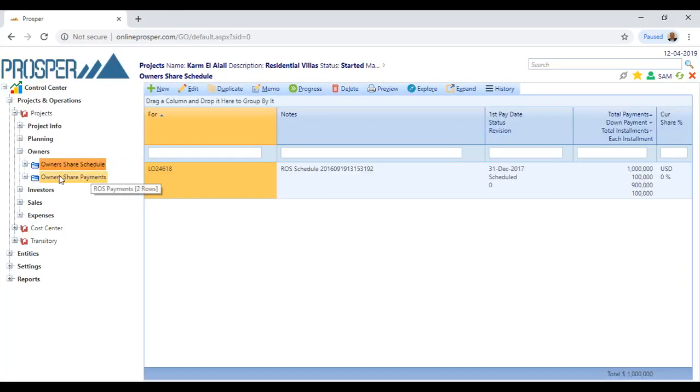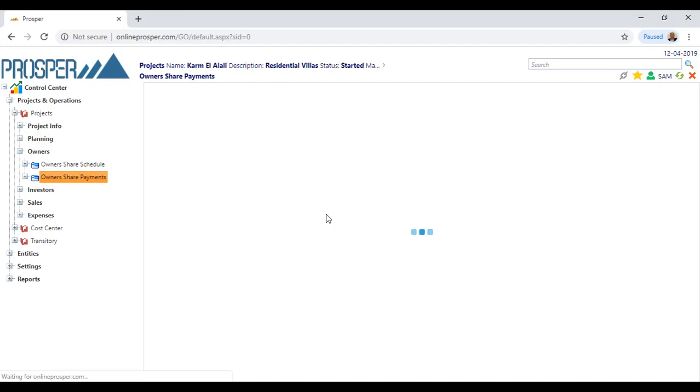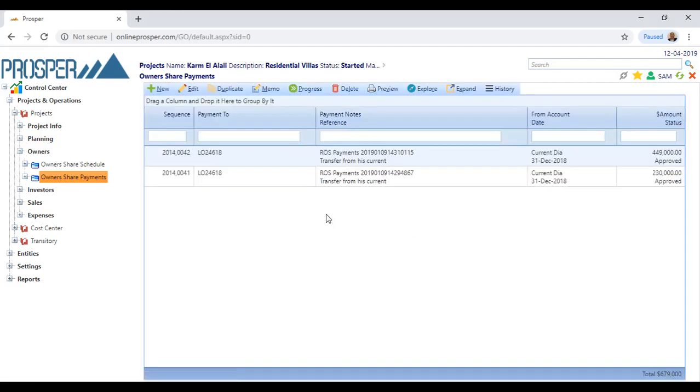But we have another object that is called the owner share payments. These are the actual payments that we paid to the owner during this project. So we always have what we are expected to pay as owner share and what we actually paid as owner share.